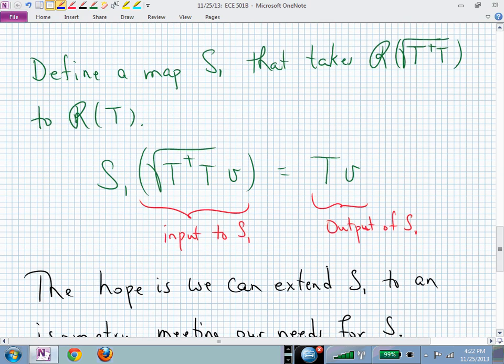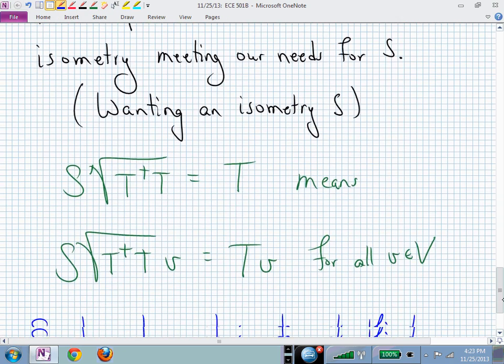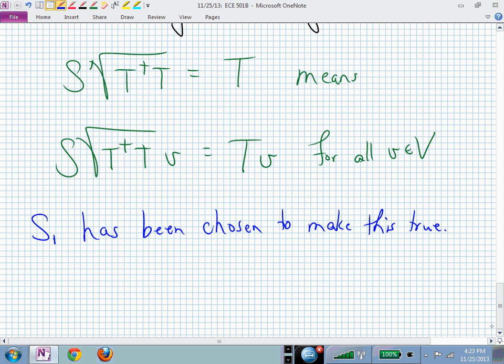We defined a map S1 such that if we gave S1 a vector, then that would produce T times V, where the vector that we were giving S1 was that vector V operated on by the positive square root of T dagger T. So that's how we're defining S1. So S1 has been chosen to make this true.